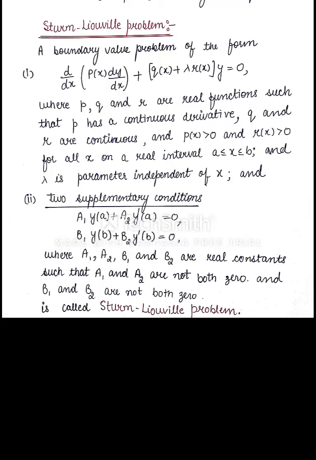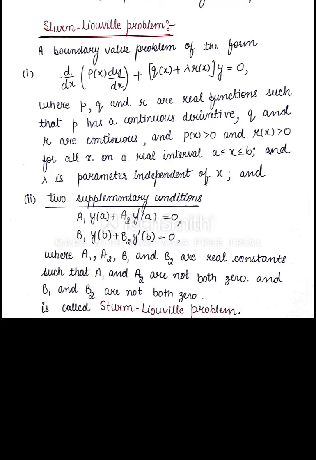a1 y at a plus a2 y dash at a is equal to 0, b1 y at b plus b2 y dash at b is equal to 0, where a1, a2, b1, b2 are real constants such that a1 and a2 are not both 0, and b1 and b2 are also not both 0.